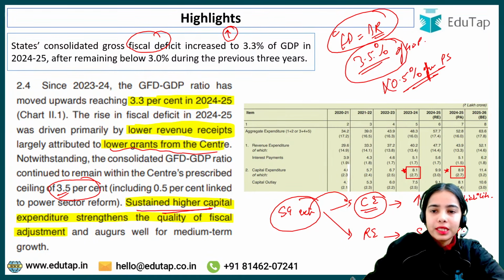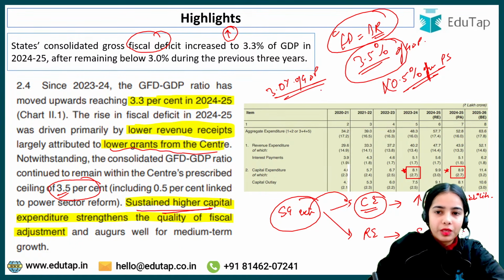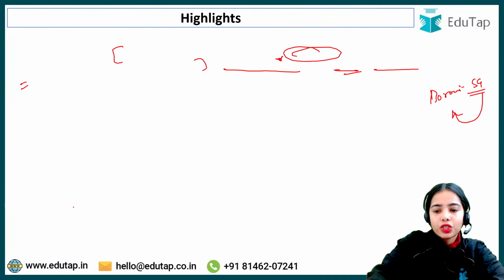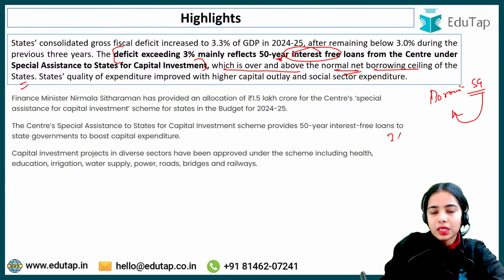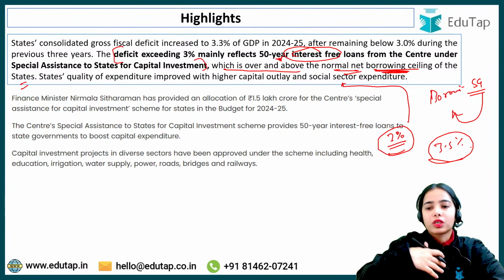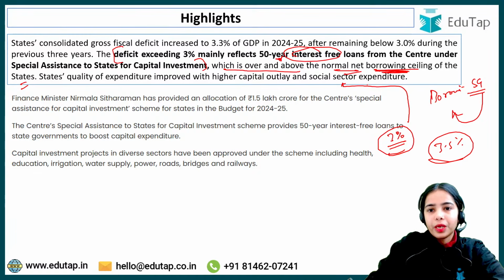If we remove this extra 0.5% linked to power sector reform, the net borrowing can be 3% of GDP. So 3% is the net borrowing ceiling, while 3.5% includes the deficit for power sector reforms. So the loans that the state governments are getting are over and above the normal net borrowing ceiling.